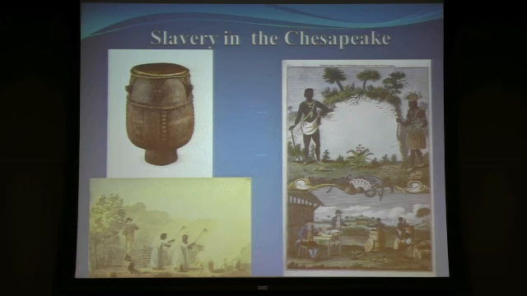The drum at the top I put in there deliberately. It was found in Virginia and sent to England, and it's from the late 17th century, we think, or early 18th century. And somebody, African, made that beautiful drum, and it's quite crafted, beautiful craftsmanship, so much so that the person that found it shipped it back to England as an example, and it's been in a museum ever since.